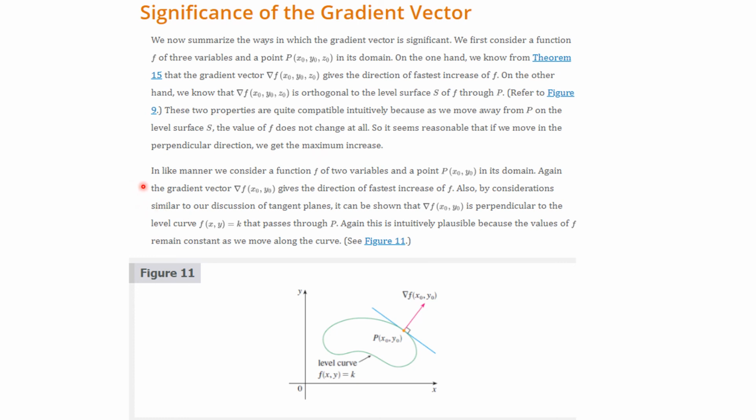In a like manner, we consider a function of two variables and a point P in its domain. Again, the gradient gives the direction of fastest increase, and it also can be shown, and I think we actually did show it, that the gradient is perpendicular to the level curve that passes through P, and there's a picture showing that as the level curve.